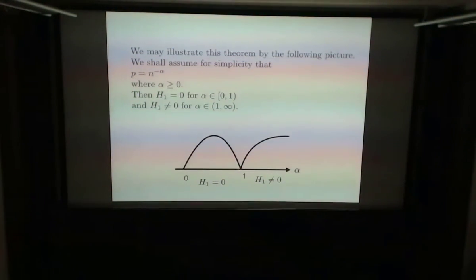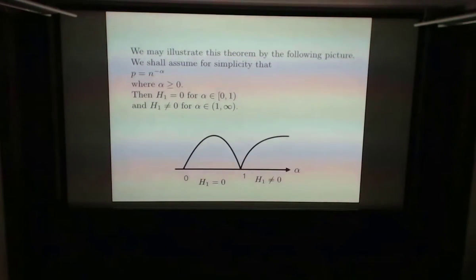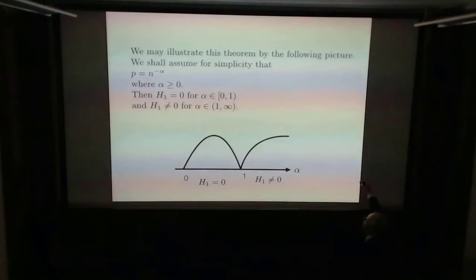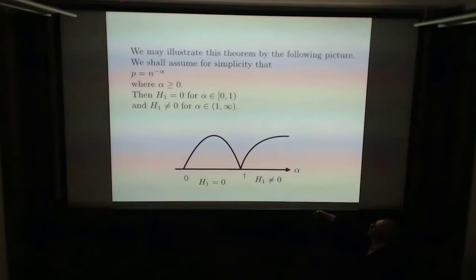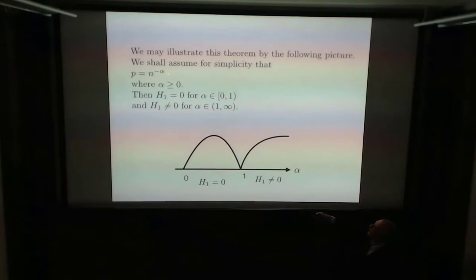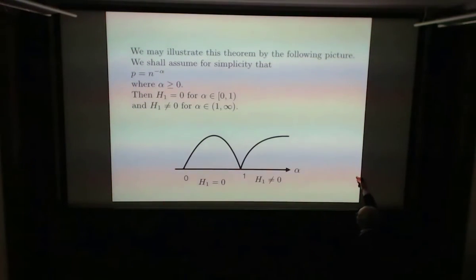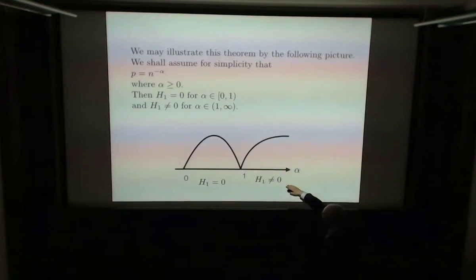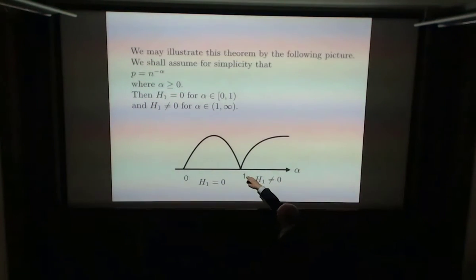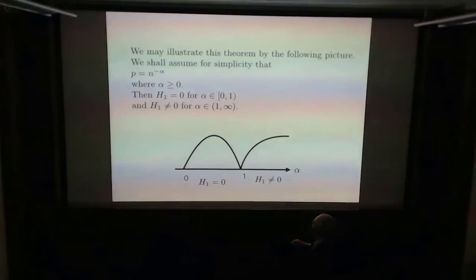And if alpha is smaller than 1, the first homology group vanishes. We should think that when alpha goes to infinity, then p is small, since p is n to power minus alpha. So for large alpha, we still have cycles. But when we cross this one, then we kill.